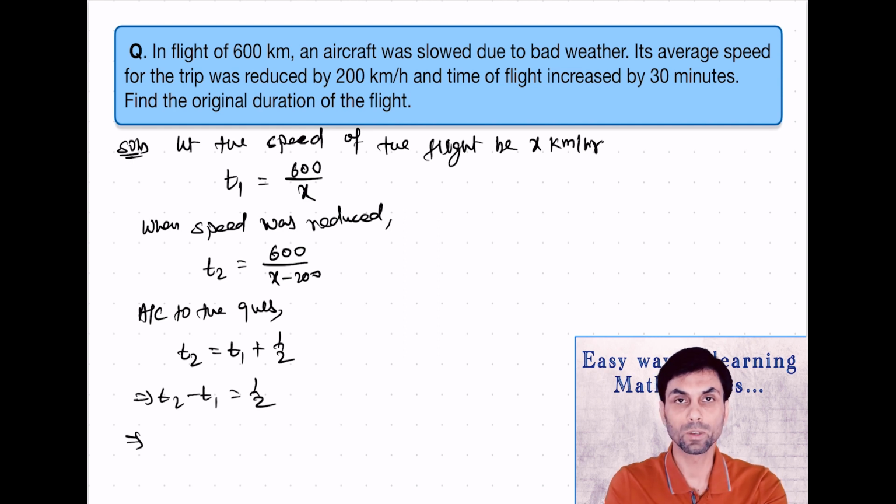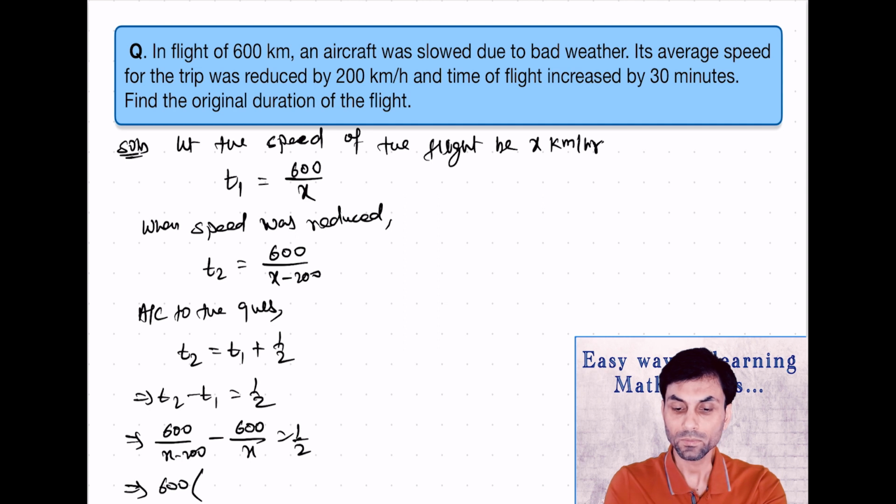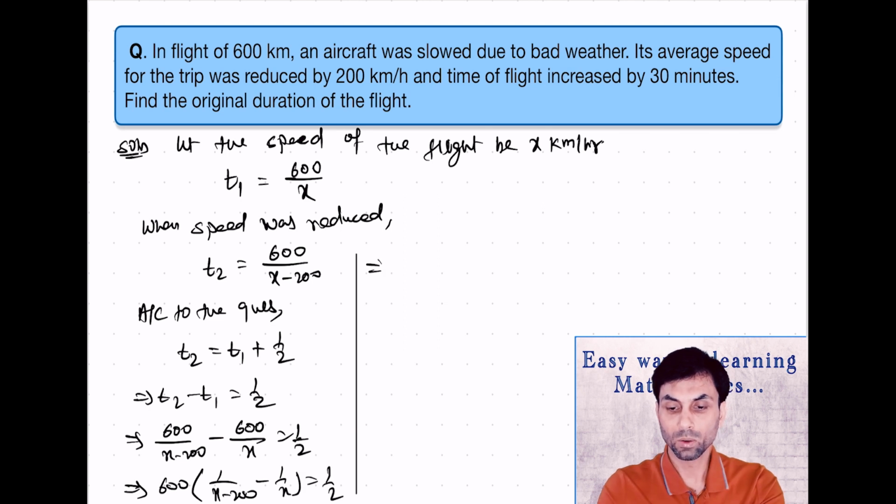On substituting the value of t2 and t1, we will get 600 upon x minus 200 and minus 600 upon x is half. On taking 600 common, we'll get 1 upon x minus 200 minus 1 upon x equals to half. Now it is 600, taking LCM, that will be x into x minus 200, which will be x minus x plus 200 equals to half.